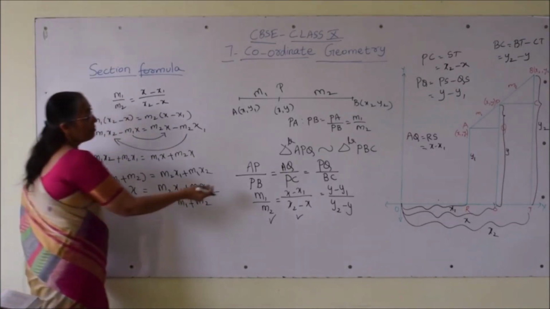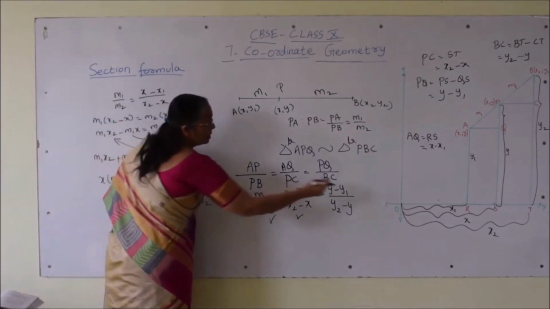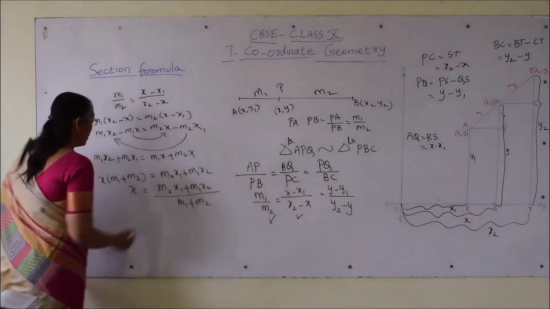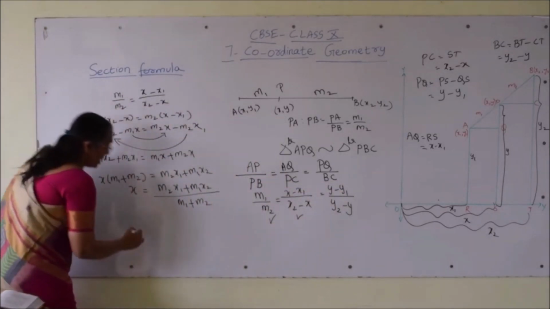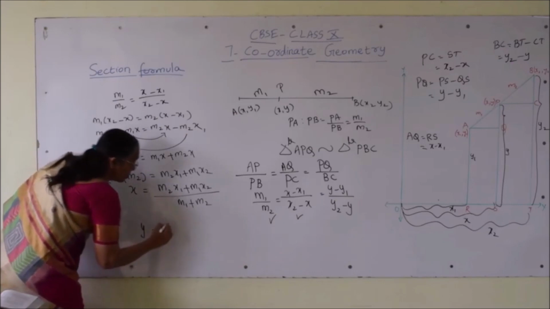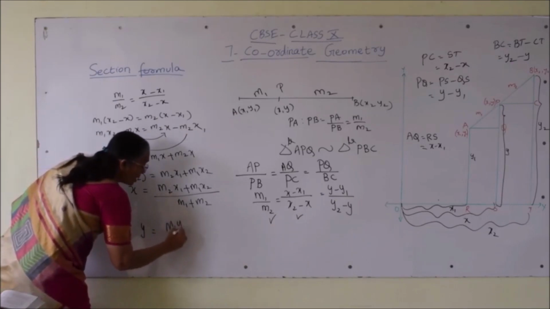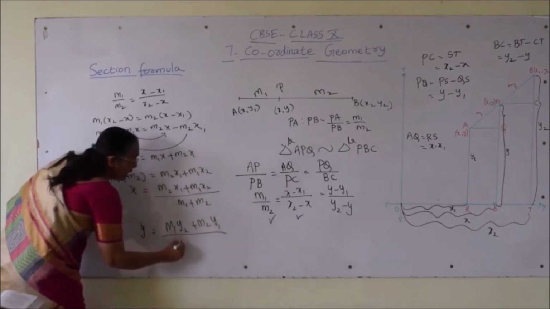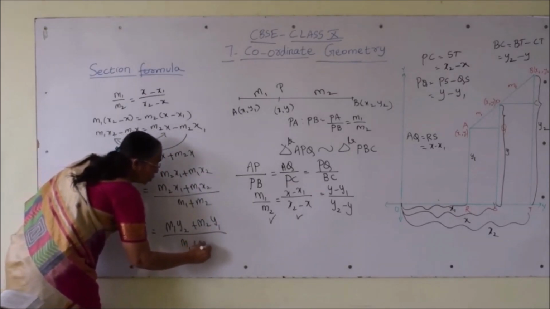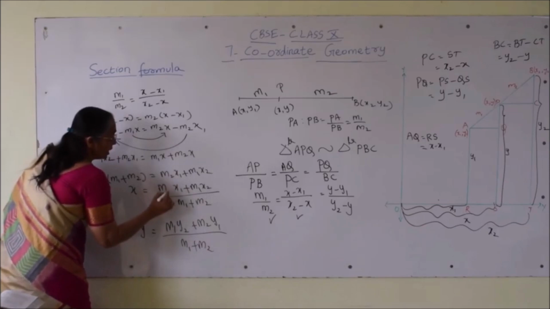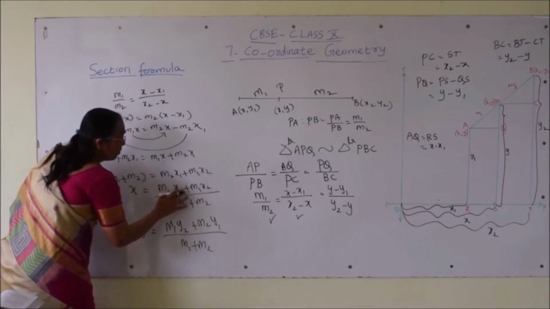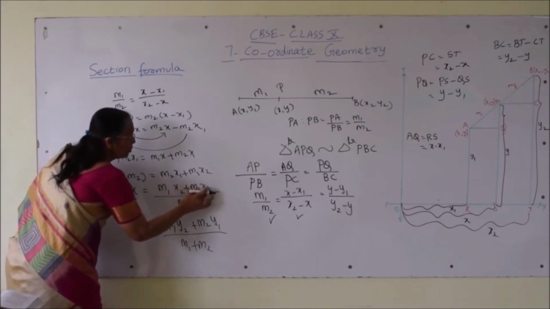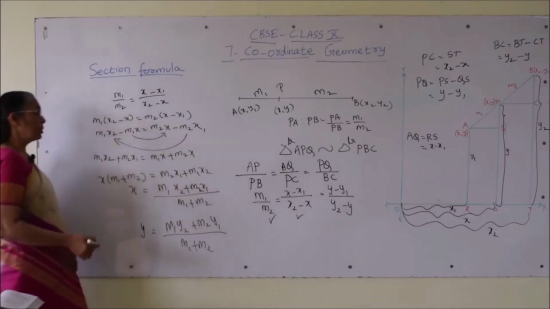Similarly, when we do the comparison between the first term and the last term and do simplification like this, we get the y value as (m1 y2 plus m2 y1) divided by (m1 plus m2). Even this one, for understanding, we can write this term first, m1 x2 plus m2 x1, both are the same only.